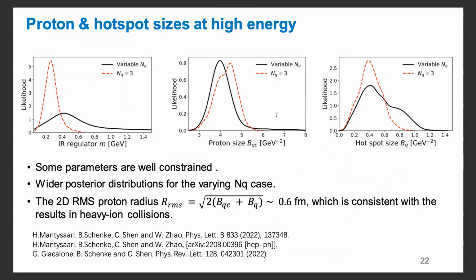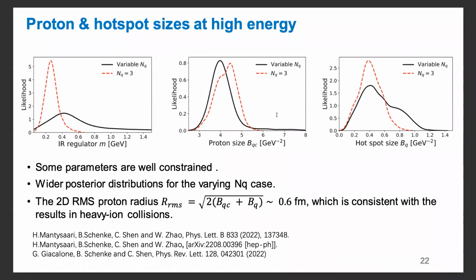And let me talk about something more about what we get by fitting the HERA data using a Bayesian analysis. First are these three parameters, for example the infrared regulator, proton size and hotspot size. This is the likelihood from fitting the HERA data. The red line is the fixed NQ=3 case, and the black line is the variable NQ case.